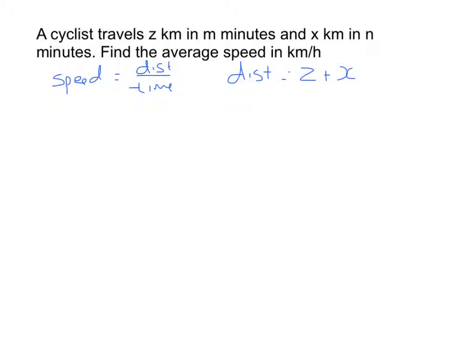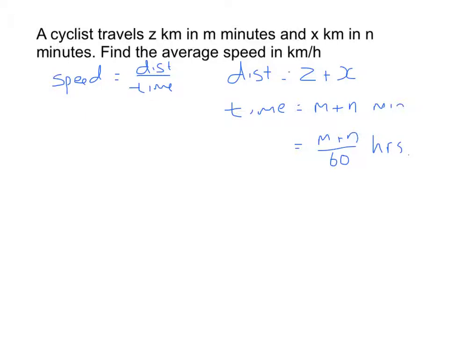And we're looking for a time in hours. So the time that we have is equal to m plus n minutes, or it's equal to m plus n divided by 60 in hours.